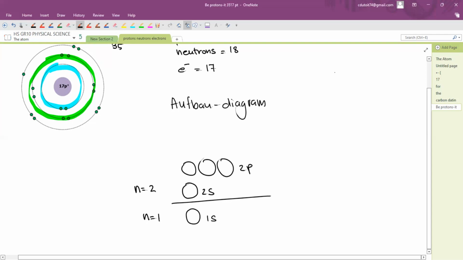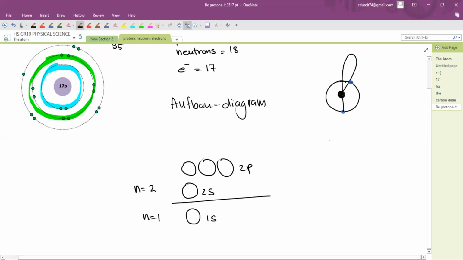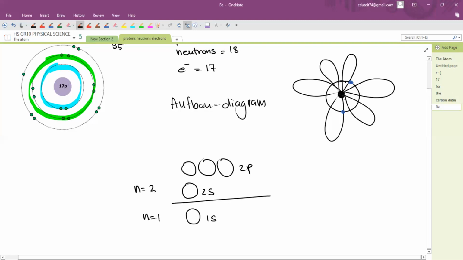So s orbital is just a spherical orbital. It's electrons moving around. So if this is the nucleus, the s orbital is a round orbital in which electrons can move around the nucleus. A p orbital looks like this, something like that. And there's 3 of them, and they can take each 2 electrons.